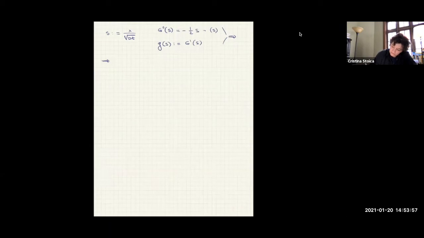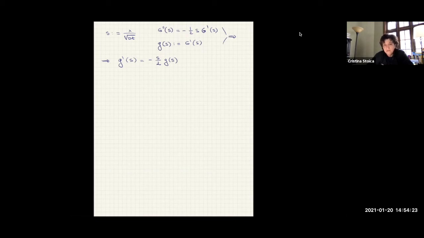There you go, G prime. So now we end up with this ODE, with s over 2 there.